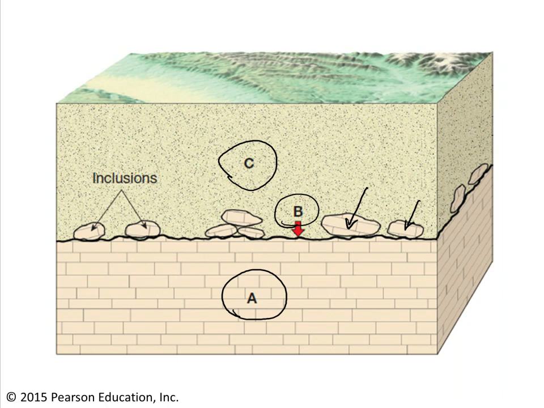So in this case, you know that for sure rock A has got to be older than rock unit C. Otherwise, there's no way for younger C to include pieces of older A in its makeup.